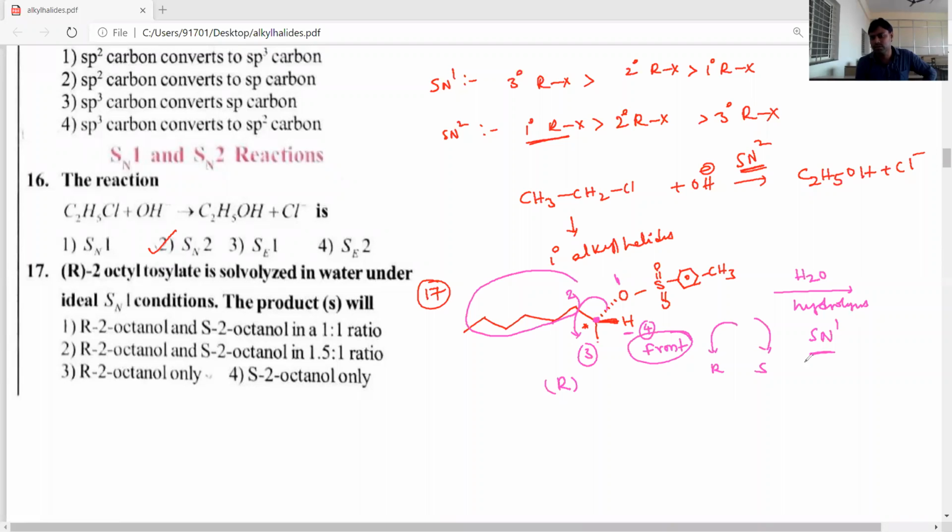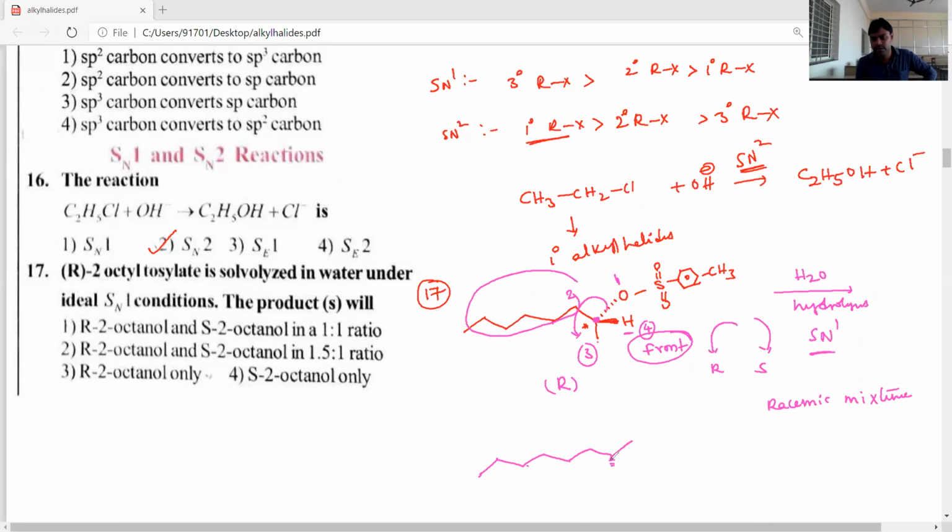Racemic mixture will form. Racemic mixture is nothing but 1:1 ratio of R and S products. 1:1 ratio of R and S products means, let's see the structure. 1, 2, 3, 4, 5, 6, 7, 8.